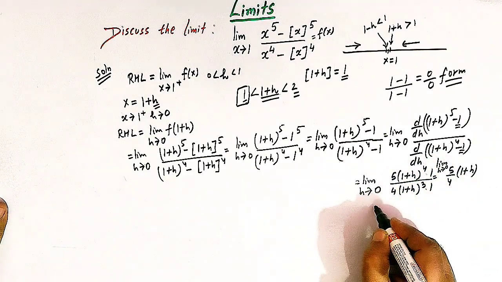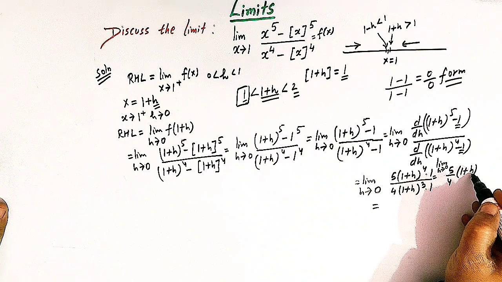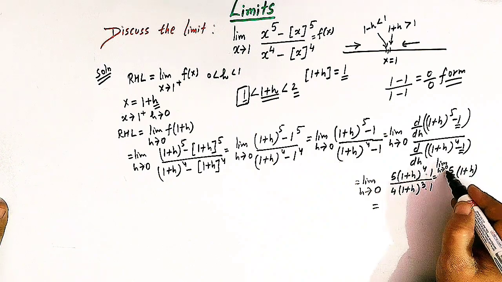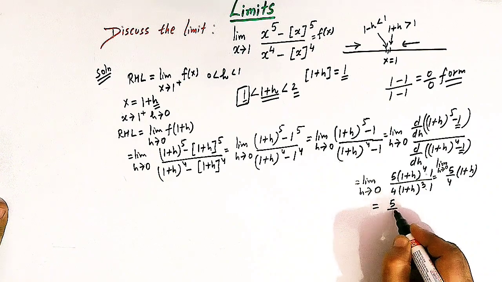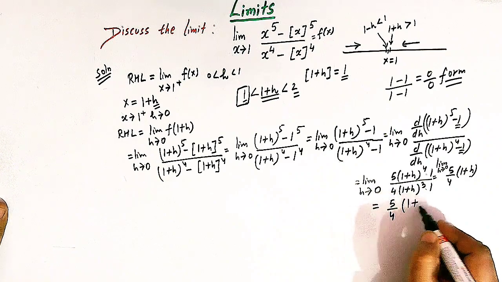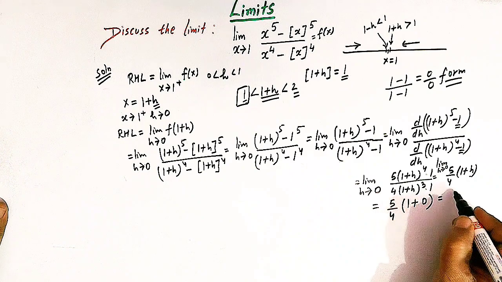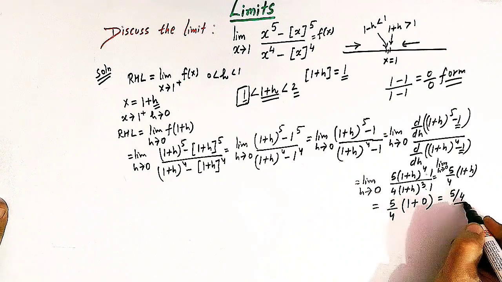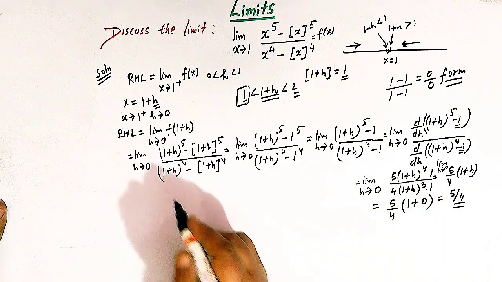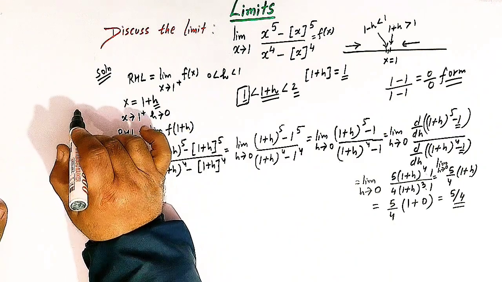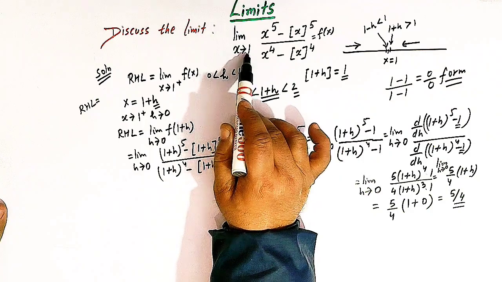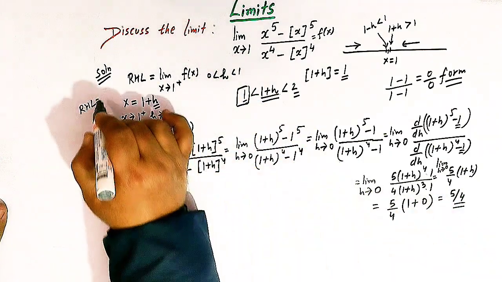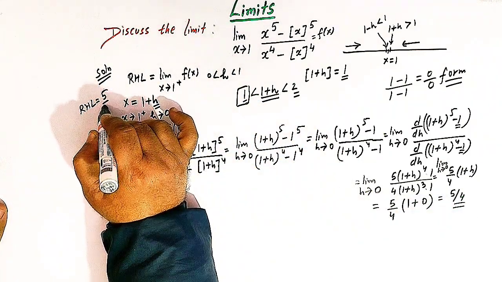Okay, so now we can take h equal to 0. So limit h tends to 0, 5 by 4 times 1 plus h is 5 by 4, and here we have 1 plus 0. So this is simply 5 over 4, right? So the right hand limit of this function when x approaches 1 is given by 5 over 4.